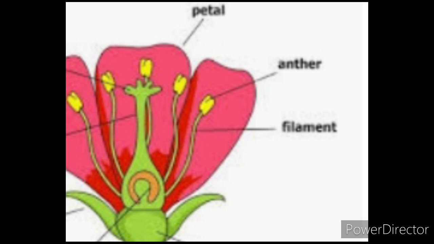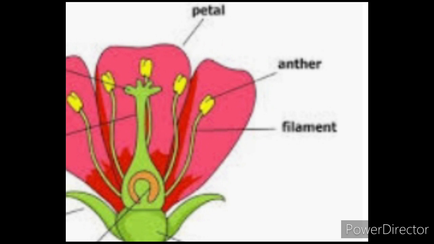It consists of two parts: a long and slender stalk-like structure called the filament. See that one? The long and slender stalk is called the filament, and the terminal bilobed two partitions are called the anther. A stamen contains two parts.